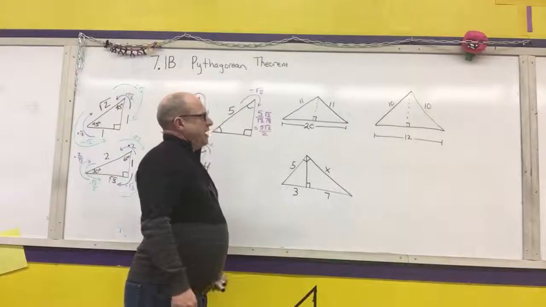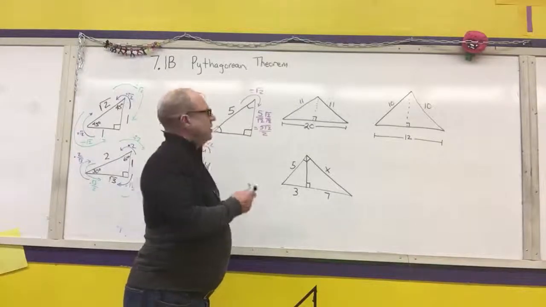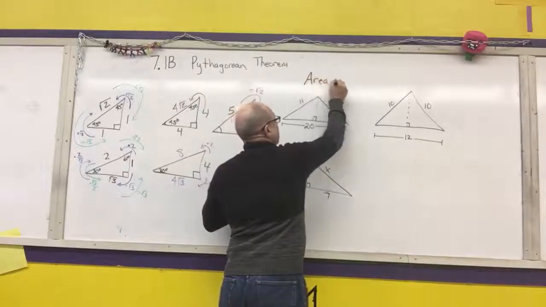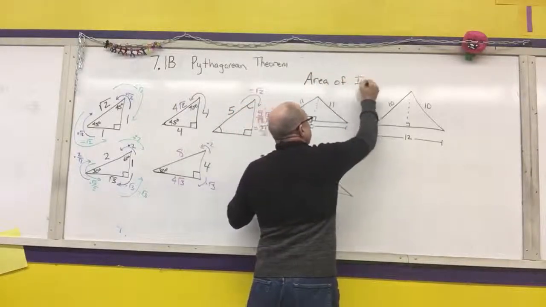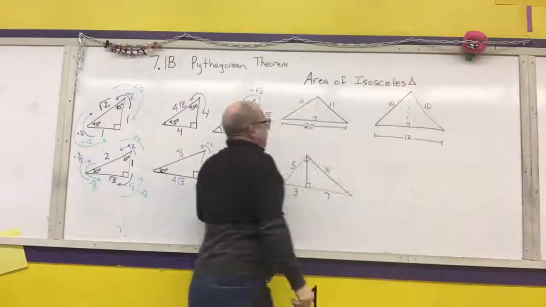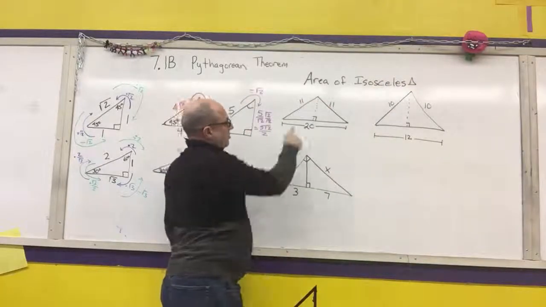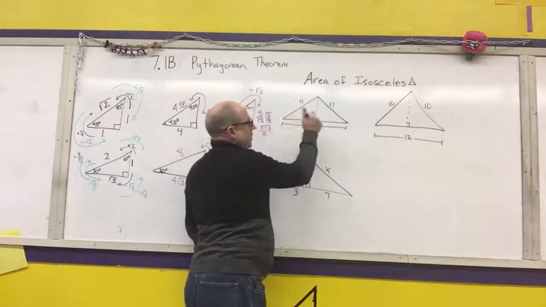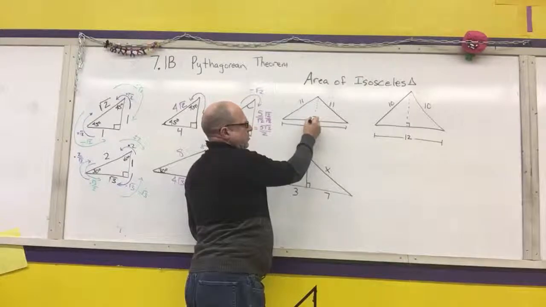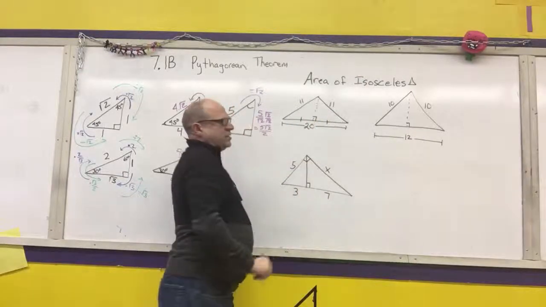The other type of applied problems is finding areas of isosceles triangles. Okay, an isosceles triangle, two legs are the same length. And if I drop the angle bisector down to the third side, it splits the side in opposite halves.